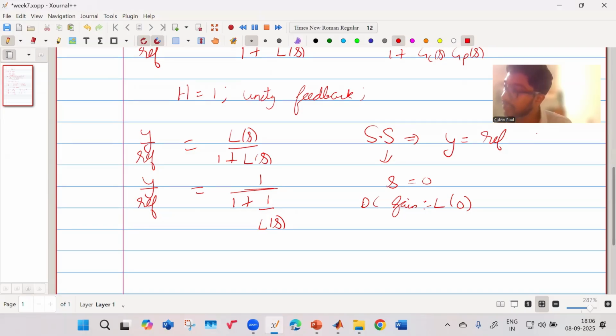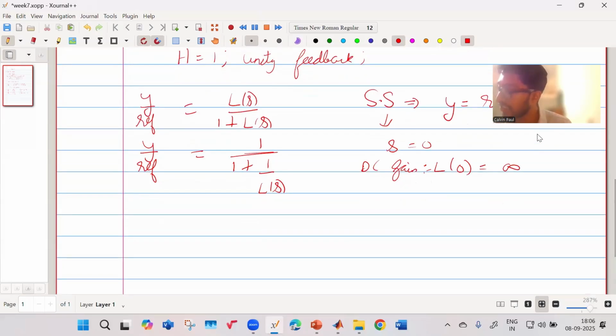We will design this loop to have a DC gain of infinity. Then Y upon ref will be 1 upon 1 plus 1 upon infinity, which is equal to 1. So this is one objective: the DC gain of your loop should be infinite.